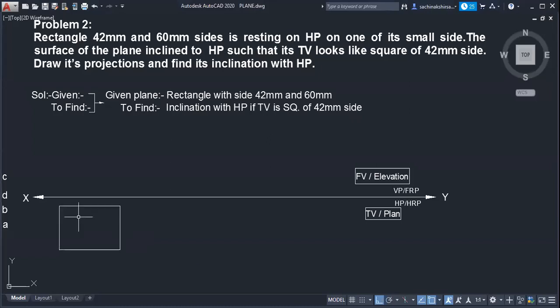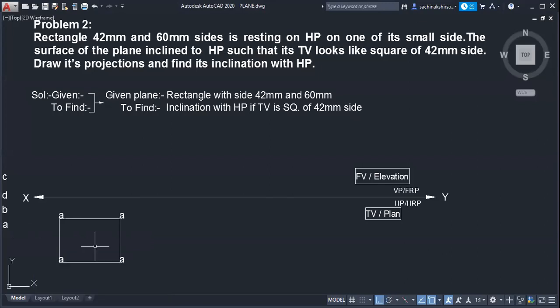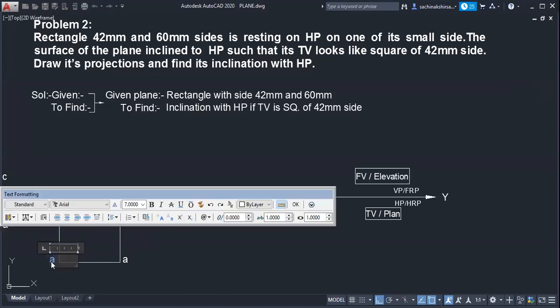Likewise, I have drawn a rectangle, something like this. I will give names to this: ABCD. Rectangle I have drawn.